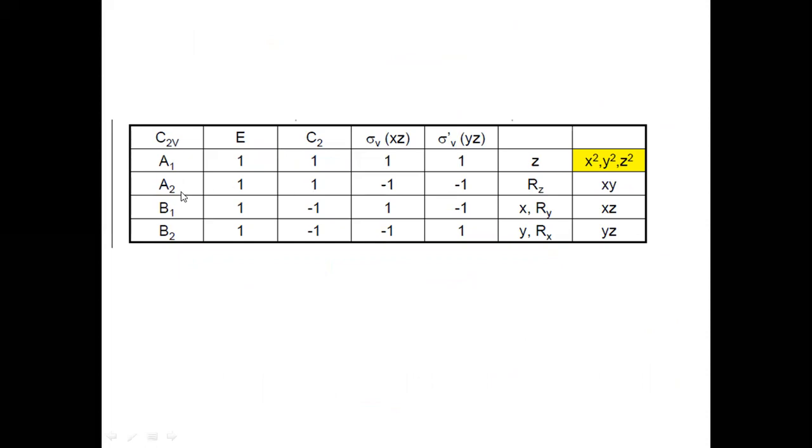Again, if I want to check whether A2 and B1, whether these two representations are orthogonal to each other, what I will do is take 1 into 1 into 1 plus 1 into 1 into minus 1 plus 1 into minus 1 into 1 plus 1 into minus 1 into minus 1.